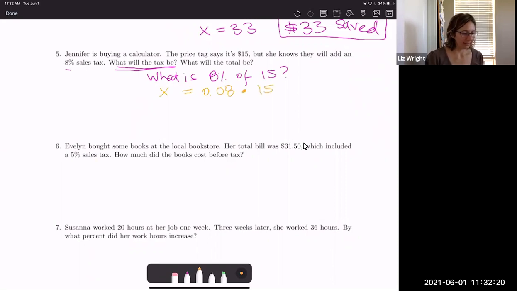So multiply those together and you should get 1.20. Well, what does that represent again? That's the tax. So that's going to be $1.20. Now let's go back and finish answering the question. And it says, okay, what's our total going to be? Well, total is going to be 15 plus 1.20 equals $16.20.